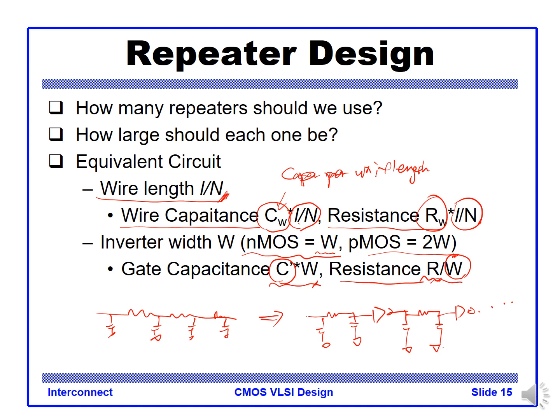In this way, we can identify all the resistance and capacitance on the line, the input capacitance of the inverter, and also the output driving resistance of the inverter. Each transistor can be modeled as a resistance.